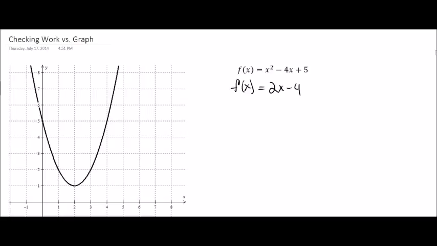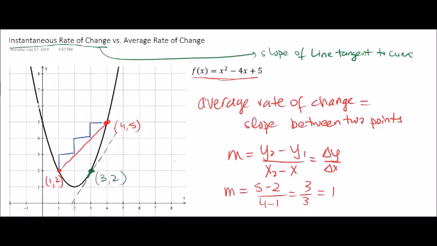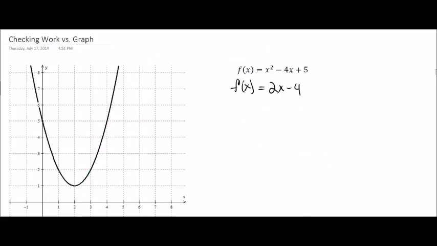Well, let's go back to the beginning here where we tried to find the approximate slope at x equals 3. So if I sketch the line that's tangent to it, it's not perfect, but we can see that we are pretty close to this point here. So we could probably assume in this case that this point is at least close to what we're looking for. And let's take the slope of that line. Well, we've got 4 minus 2 over 4 minus 3, which is 2 over 1, which is 2.